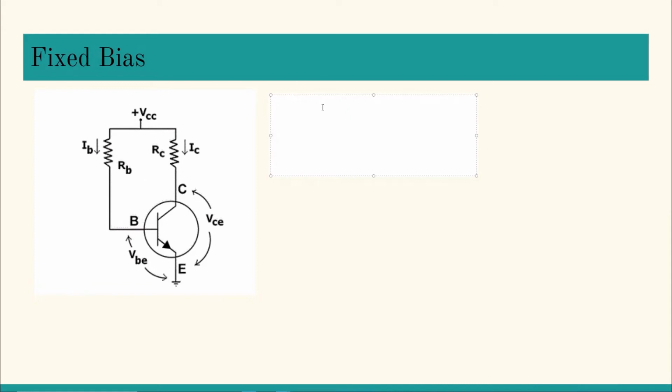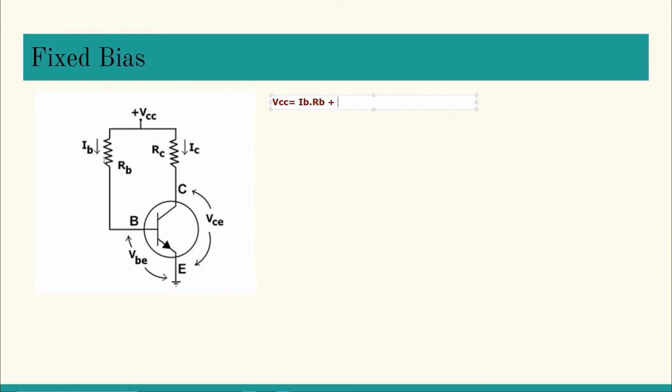So the main source voltage VCC, what will it be equal to? Coming down, you see IB RB, there will be a voltage drop there. Voltage means current into resistance. So can I write IB into RB? Yes, plus. As you come down, you see a voltage drop here, VBE, and then ground. Ground means it is finished.